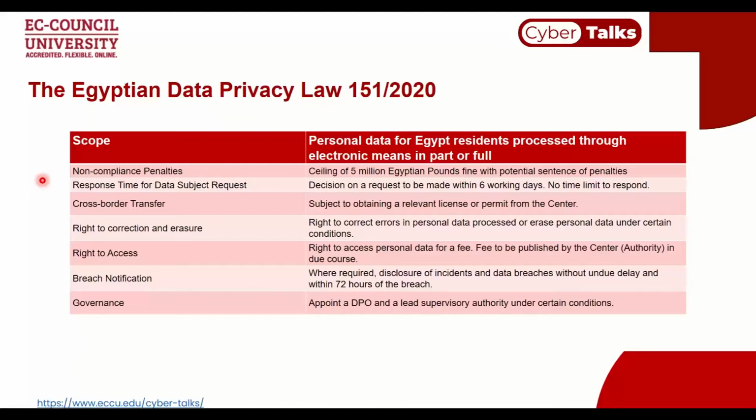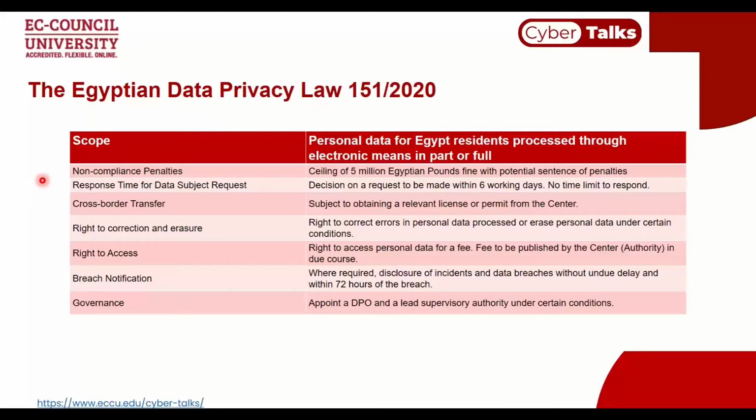Response time for data subject request: a decision should be made within 6 days, with no time limit for the response. Cross-border transfer is subject to obtaining a permit from the Data Protection Authority. The right to correct and erasure of personal data is there in the law.